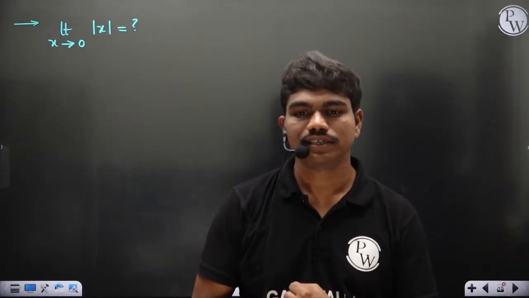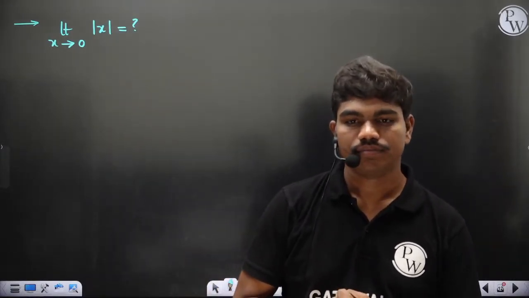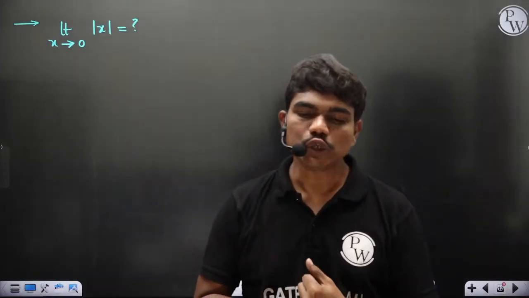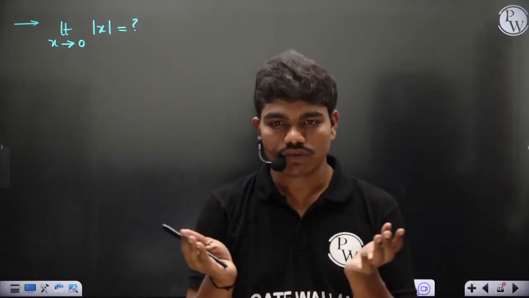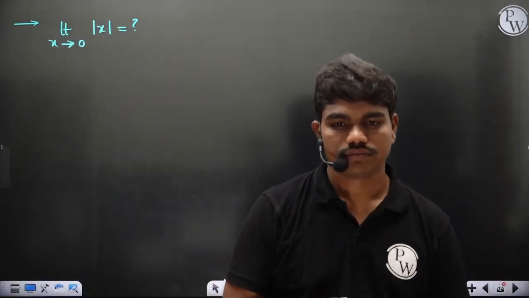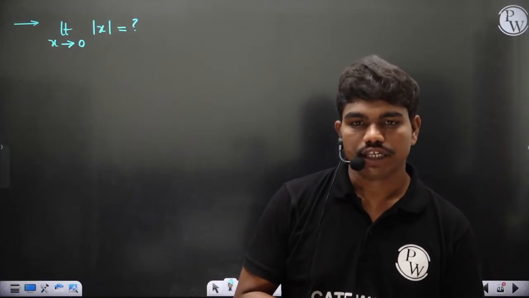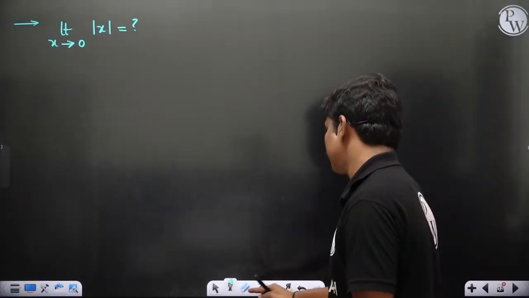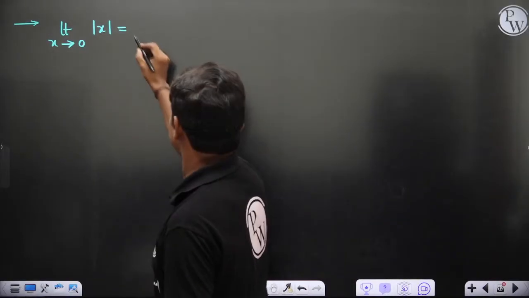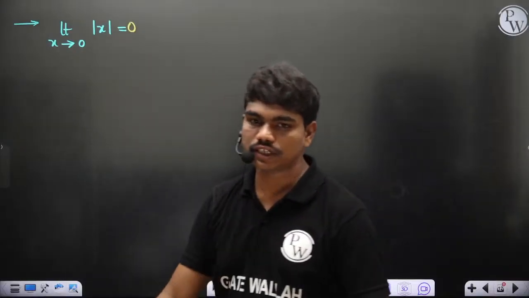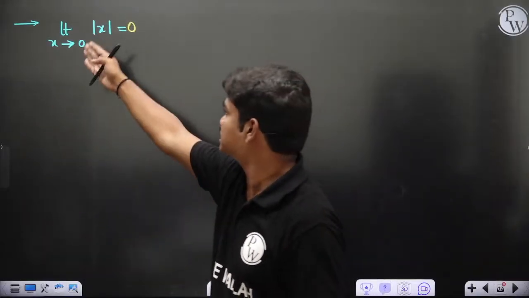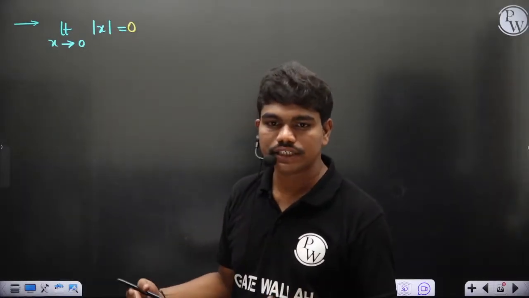Limit x tends to 0 of mod x means if x is coming towards 0, what is the value of mod x? That's the question. 0, correct? Yes, this is 0, of course. Now let's see how that is 0. Many of you know that if you put 0 here, you'll get 0. That's how you're intended to say 0.